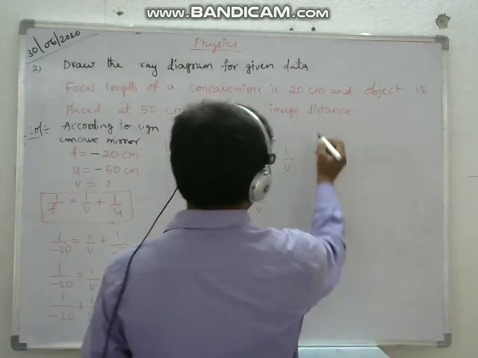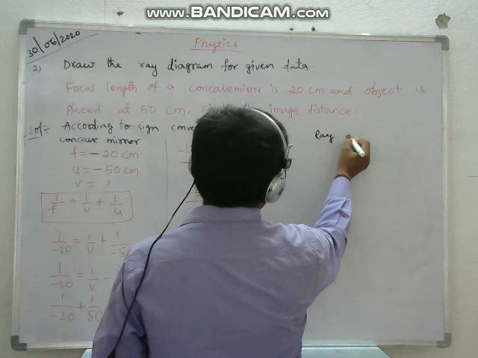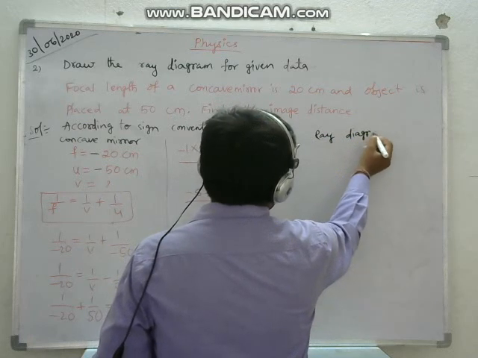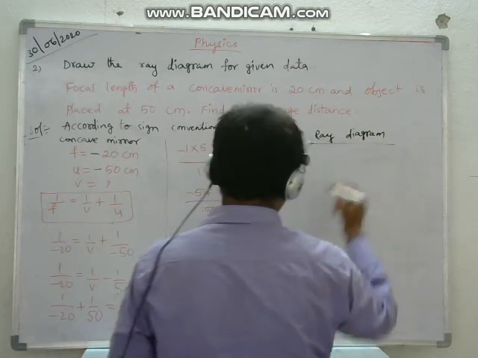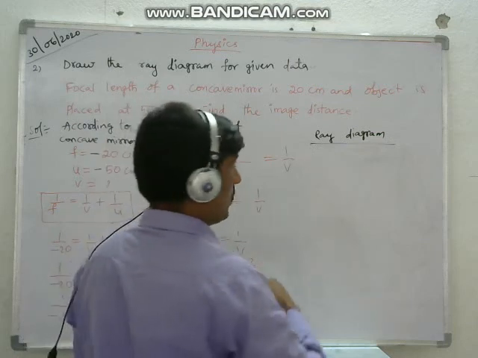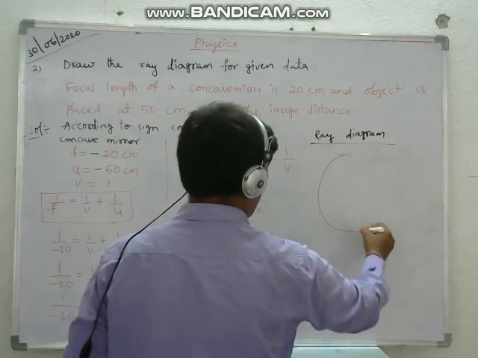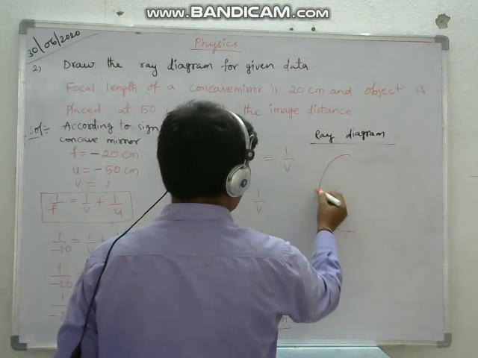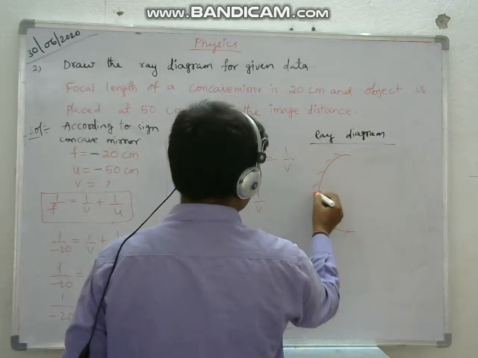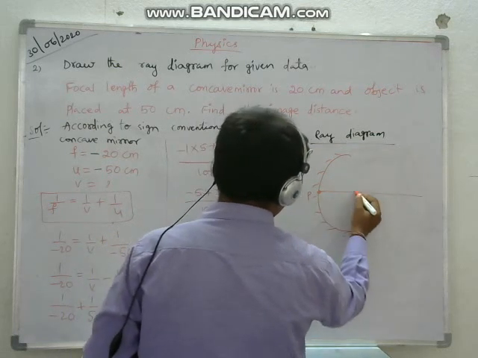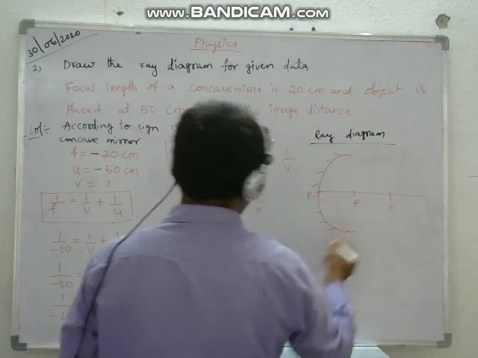Okay, now we have to draw the ray diagram. Consider a concave mirror. We know the focal length is 20 centimeter and we know the object distance.